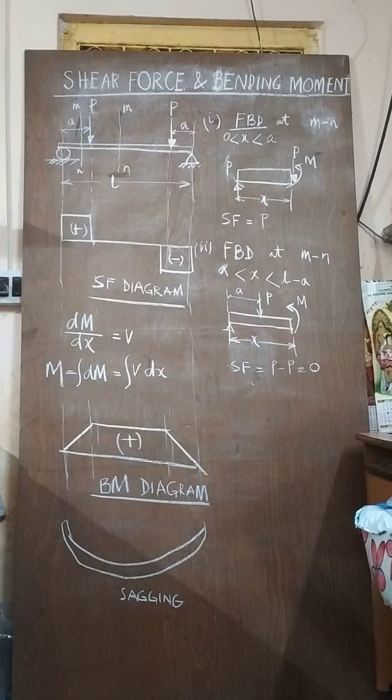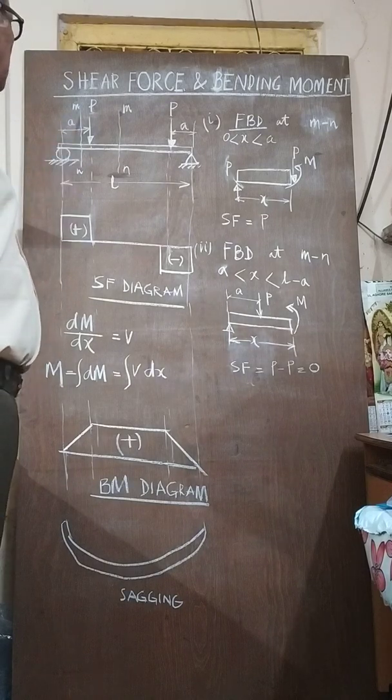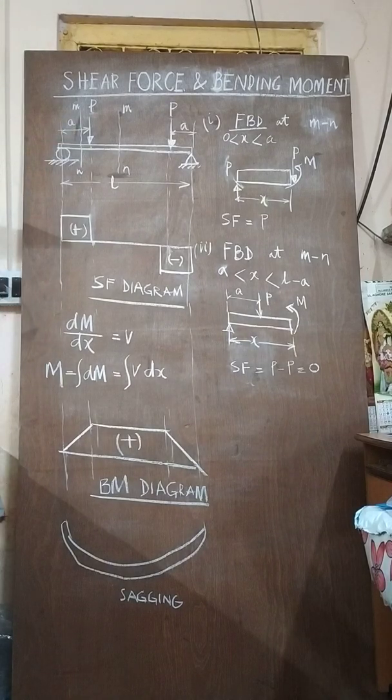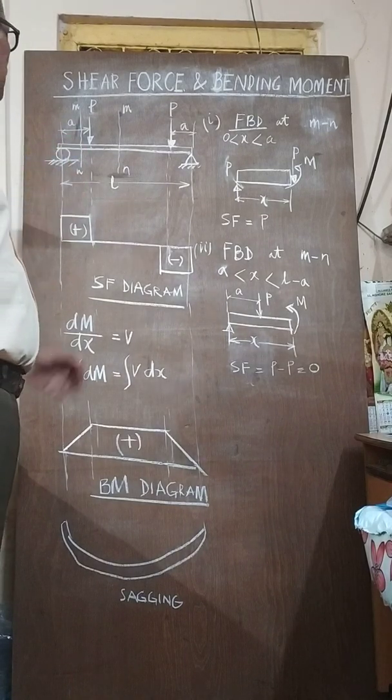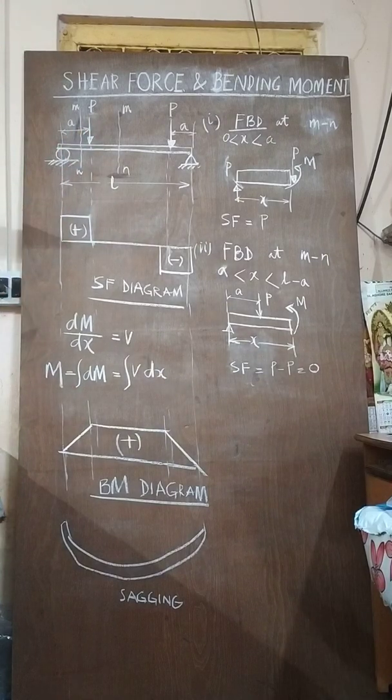Now, if you want to find the shear force diagram, before drawing the diagram you have to find the shear force at a distance x from the support, and we start from the left hand side. It is a convention that we calculate the shear force from the left hand side.